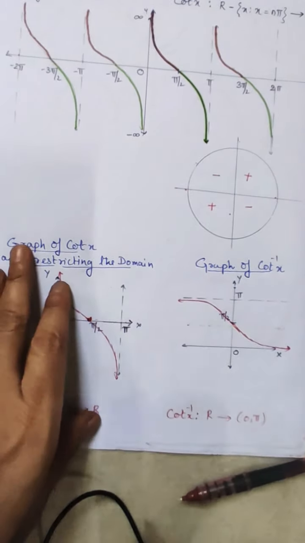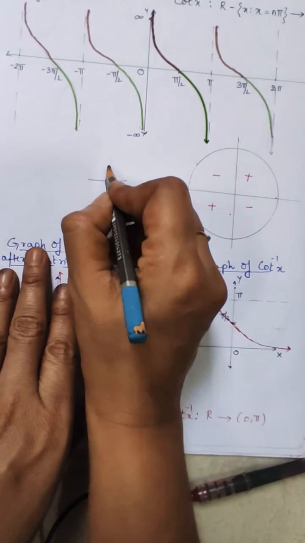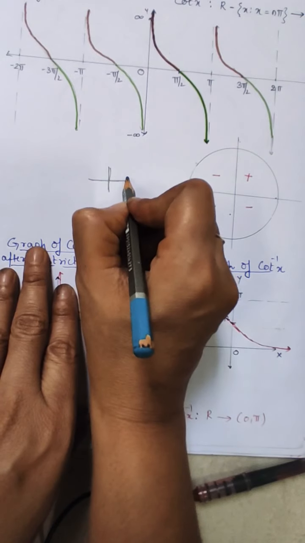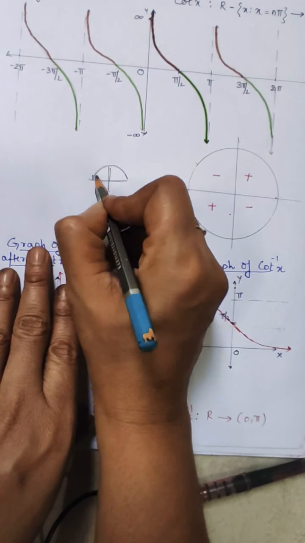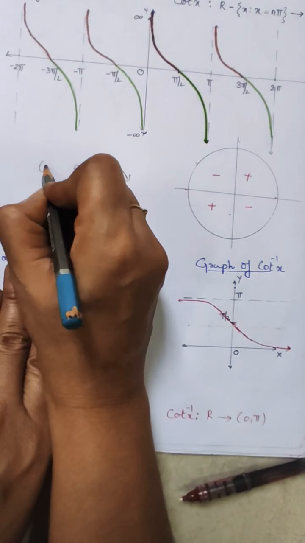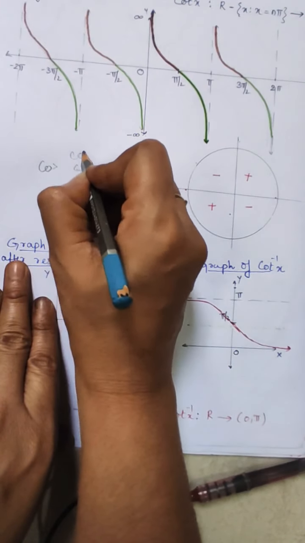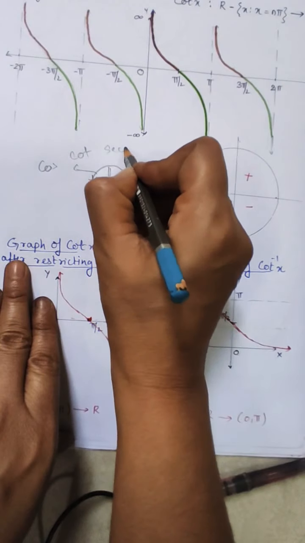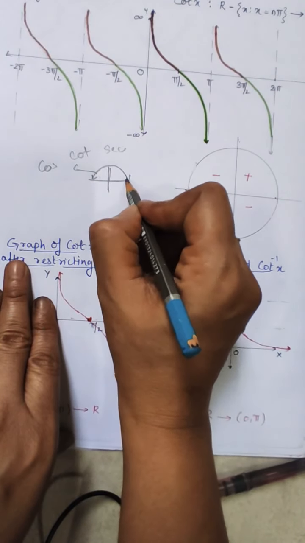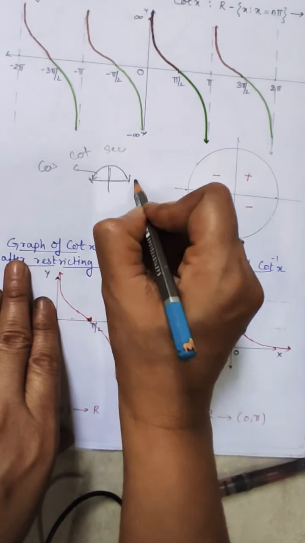Now, to remember how the selection has to be done: it takes a semicircle above the x-axis. For cos, for cot, and for sec, it is the same semicircular part above the x-axis for selecting the domain.